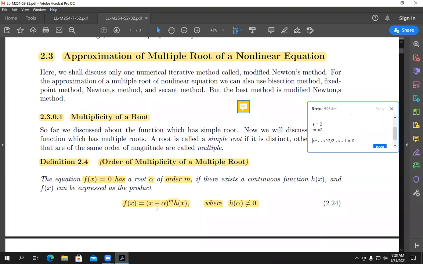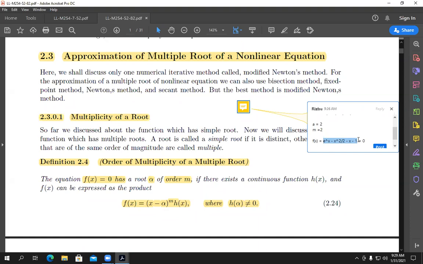This thing is your f of x. Can you factorize this one? Maybe you are very good. Can you factorize it? No chance. You cannot make it.